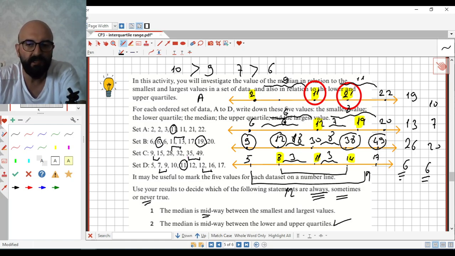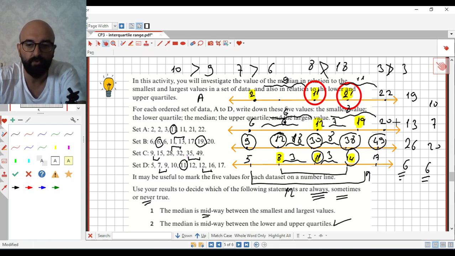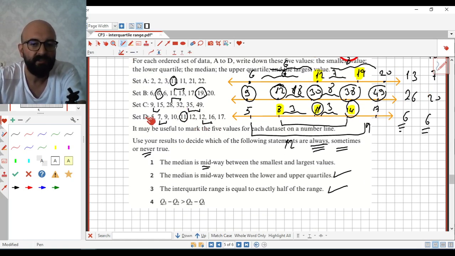For the third, Q3 minus Q2 is 8 and Q2 minus Q1 is 18, this is not true. And Q3 minus Q2 is 3 and Q2 minus Q1 is 3, and this is not true. So this statement is also sometimes true.